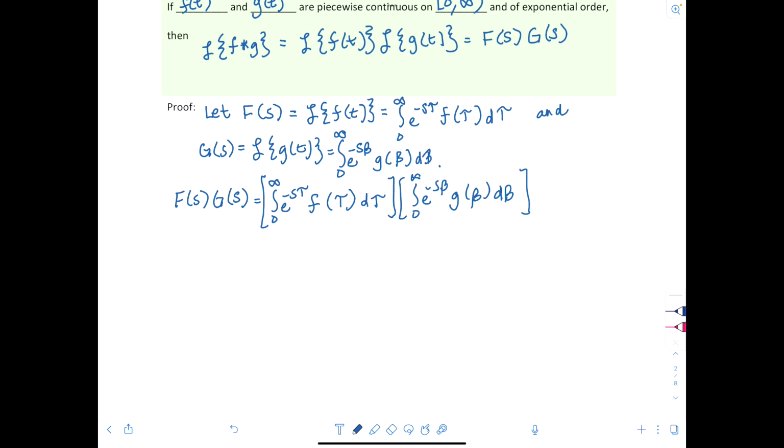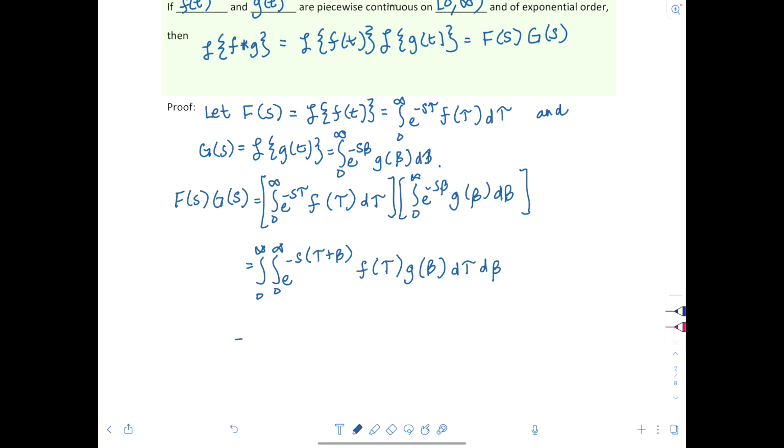Now this is equivalent to the double integral from 0 to infinity on each of them of e to the negative s. If I multiply e to the negative s tau times e to the negative s beta, I can factor out a negative s and I'd be left with tau plus beta. See that there? And then we'll have times f of tau times g of beta d tau d beta.